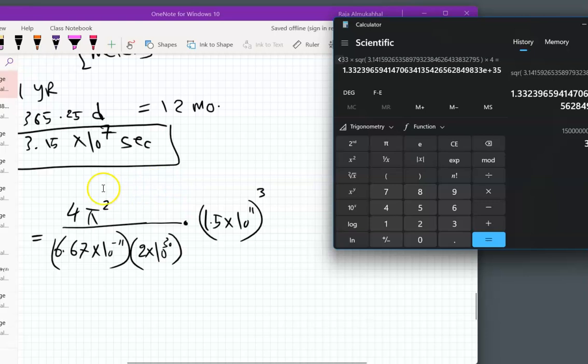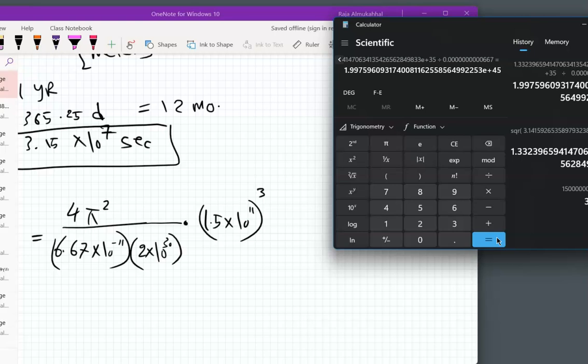Now, we still have to divide it by G. So we're going to divide it by 6.67 exp negative 11. Remember the negative right here. Equals, and we got this number. Now I want to divide it by 2 times 10 to the 30.